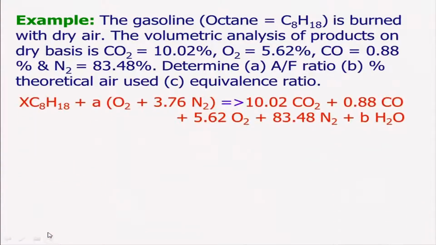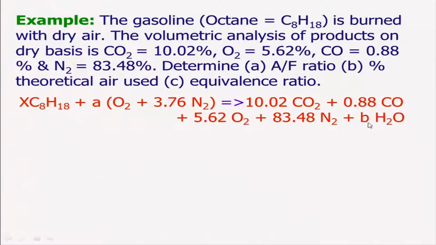So, what we will do, we will take this equation, that is X moles of octane reacting with A moles of air and going to the product. The product is given: carbon dioxide is 10.02, CO is 0.88, 5.62 is oxygen and 83.48 nitrogen.